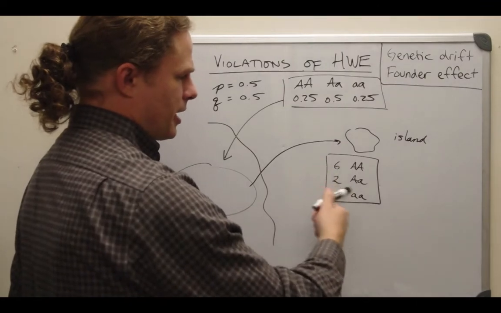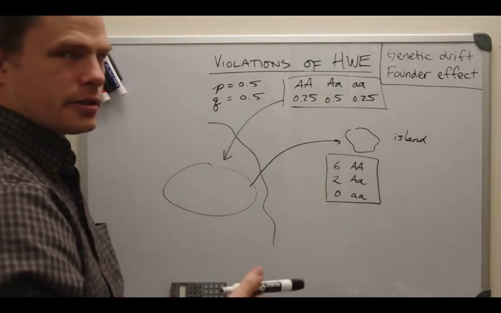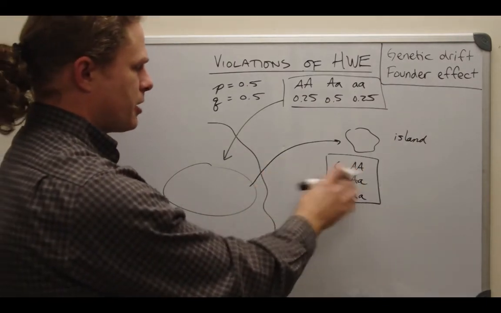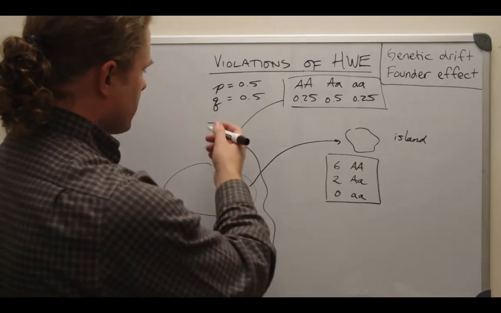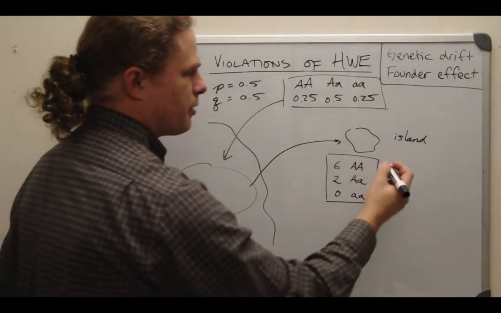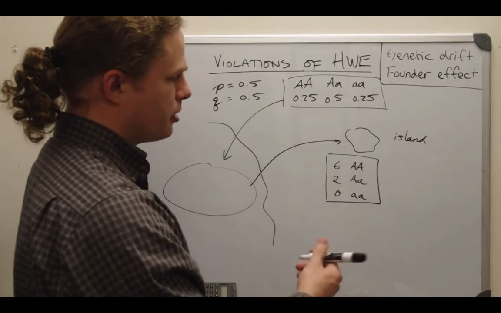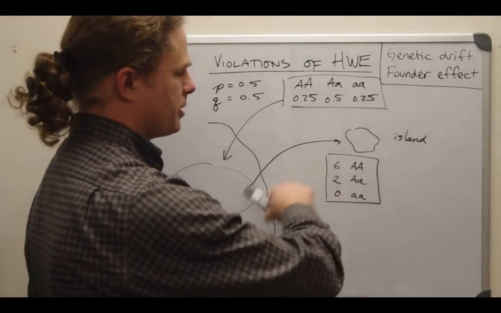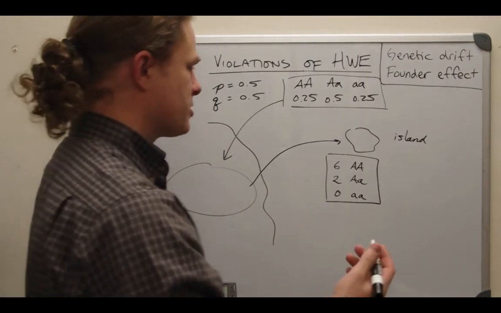This population has a different P and Q value from the mainland population simply by virtue of the fact that this was not a representative sample of the larger population here. So whereas this population has a p and a q value of 0.5 each, we can now calculate the new p and q value for this small population. In order to calculate the new p and the new q values for this small population that's gone over to the island, we apply the same principles that we've done thus far.